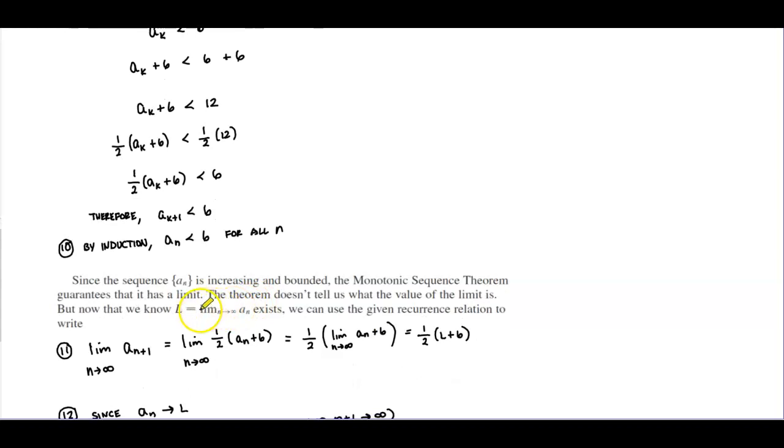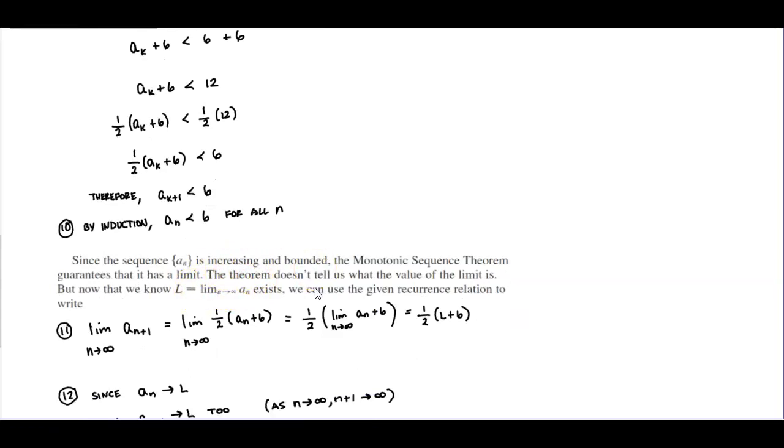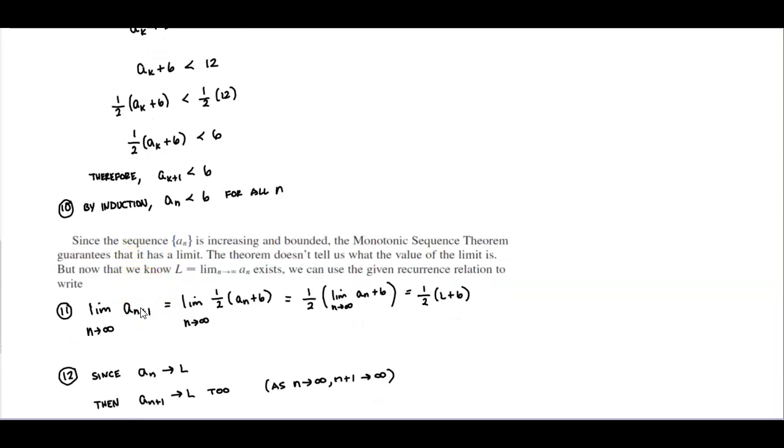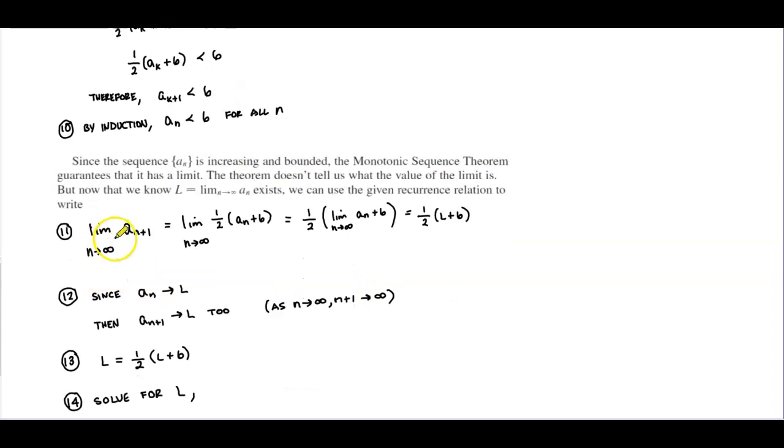Now, since the sequence is increasing and bounded, the monotonic sequence theorem guarantees that it has a limit, meaning that it's convergent. The theorem doesn't tell us the value of the limit, but we know that the limit L as n approaches infinity of a subscript n exists, so we can use the recurrence relation to write the following. The limit as n approaches infinity of a subscript n plus 1 equals the limit as n approaches infinity of 1/2 times the quantity a subscript n plus 6.